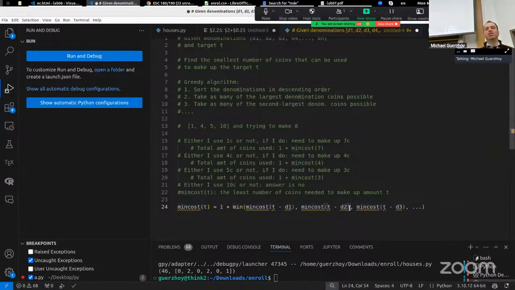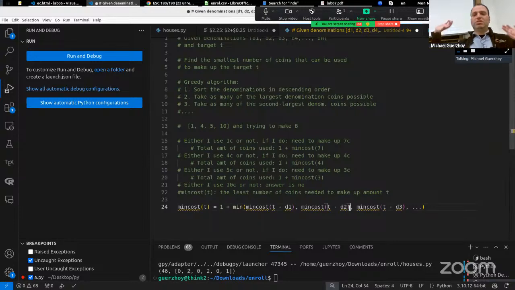So what's min cost T? Well, we're definitely spending 1. And then whatever is the smallest possible amount of coins to use for T minus D1, T minus D2, for one of the D's, that's what we're going to use. Make sense?